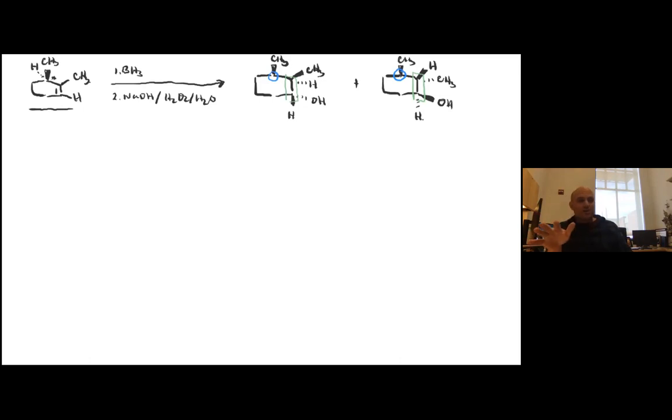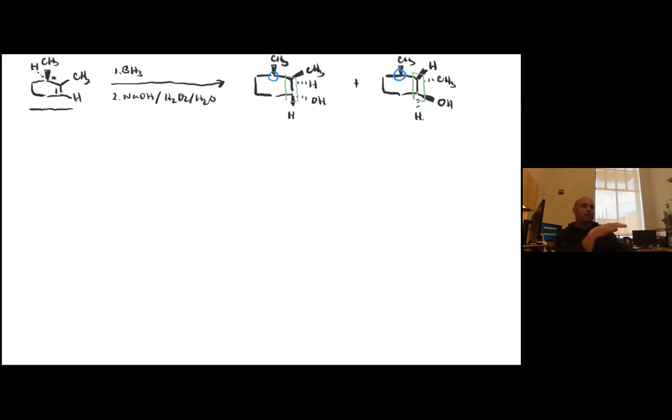And so the very interesting, let me just close my door here. The interesting consequence of this is that because they're diastereomers, in principle, they don't have the same energy, okay?